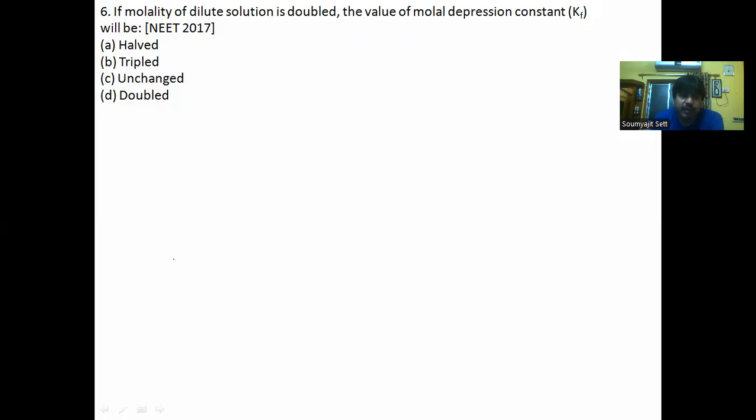Next, if molality of a dilute solution is double the value of the molar depression constant. Now, what do we know? We know delta Tf is equal to Kf into m.